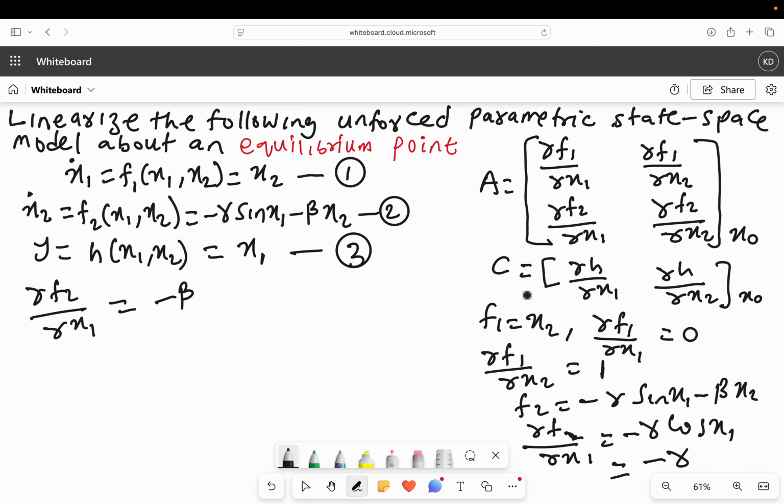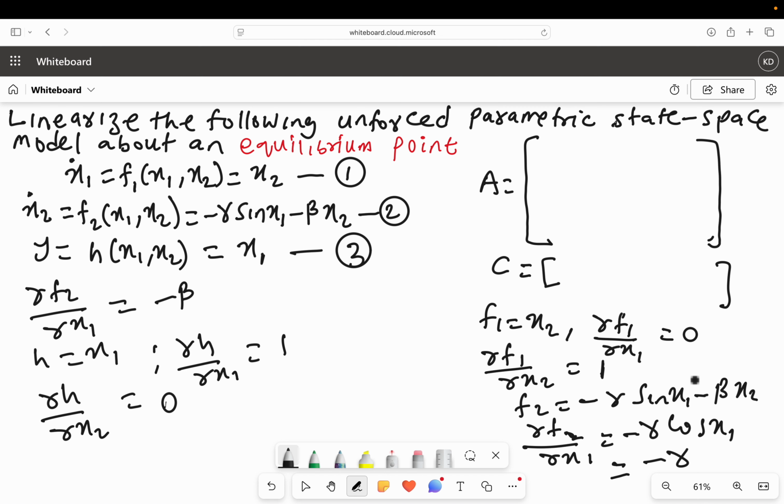Now finding the C matrix, I know that my h is just equal to x1. So the partial derivative with respect to x1 is equal to 1, and with respect to x2 it is equal to 0 because I don't have any x2 there. Substituting the values into my matrices, I have for f1, with respect to s1 is 0, with respect to s2 is 1.